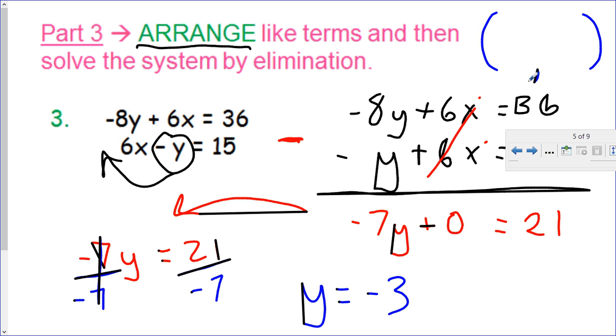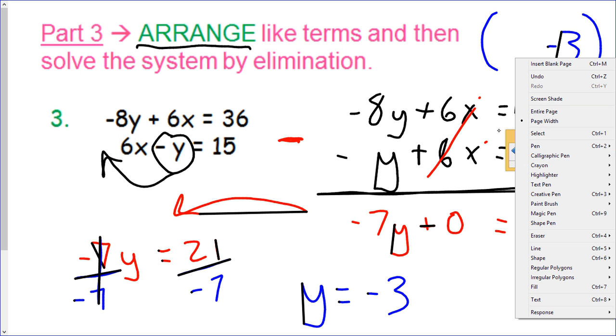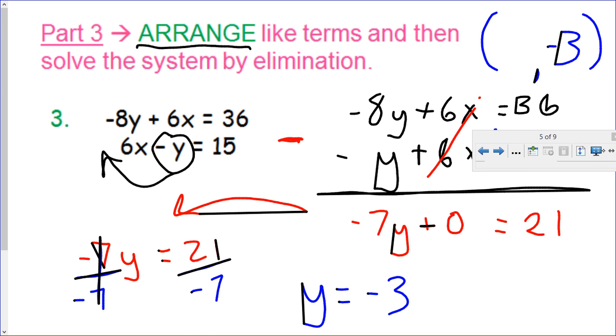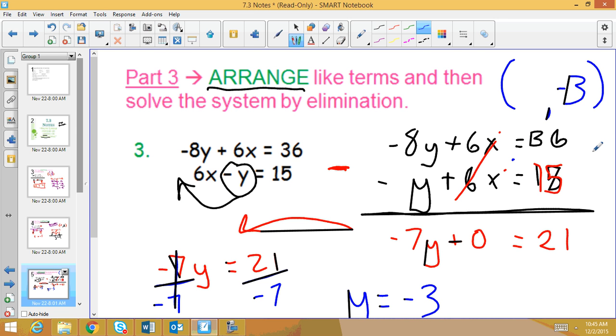Be careful, I just solved for y. Y is a negative 3. Now I can plug in my negative 3 for y and solve for x in my equation. I'm going to stop right there because I think that's a good place for us. I think you should be able to proceed with your problems from here.